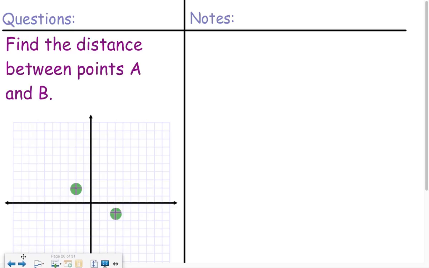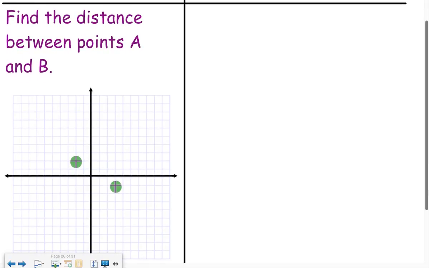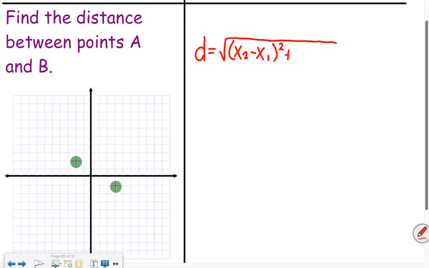All right, find the distance between points A and points B. So our distance formula is D equals the square root of x2 minus x1 squared plus y2 minus y1 squared.